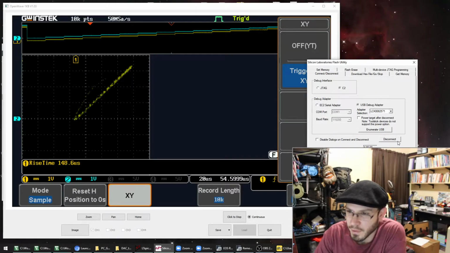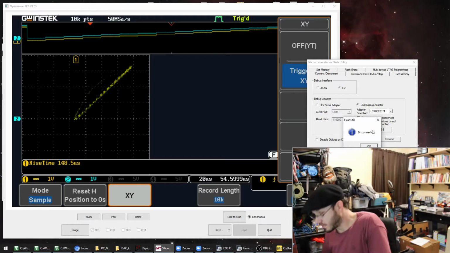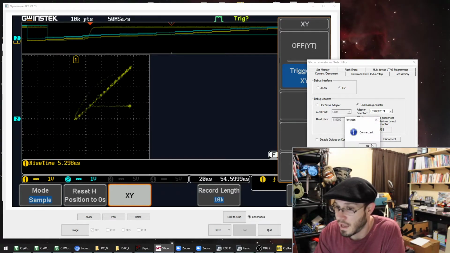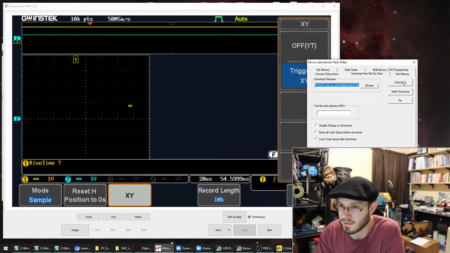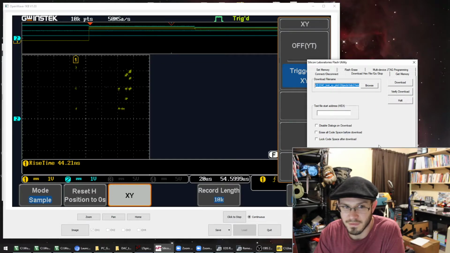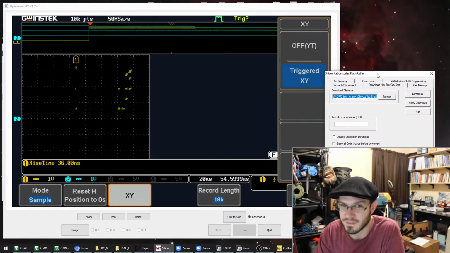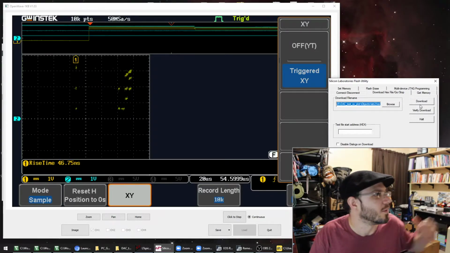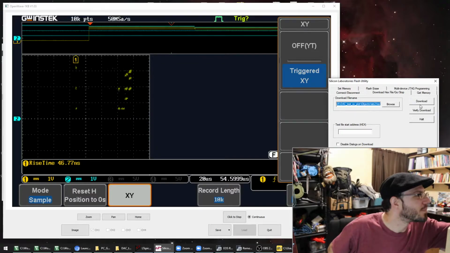Of course, why would it work? I'm going to have to disconnect. And reconnect. And download. And run. That looks terrible. Let's see.